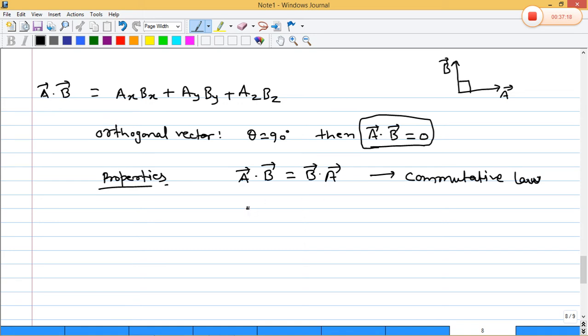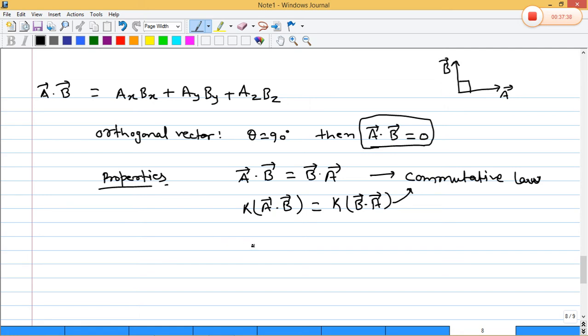Now if we multiply it with anyone, then no problem, we can multiply with anyone. The same property applies to this, no problem, this is the advantage.